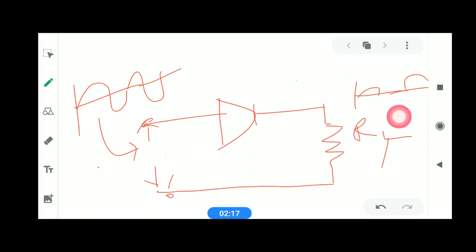We studied that the diode becomes forward bias for the positive half cycle, or we can say when you apply a positive signal here and a negative signal here, or in other words, when you apply more voltage to the anode than the cathode.